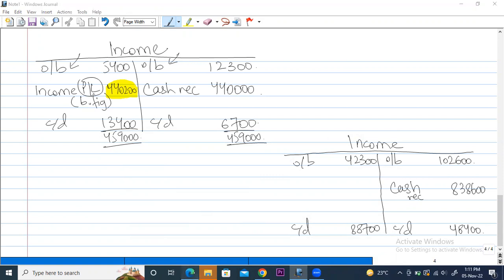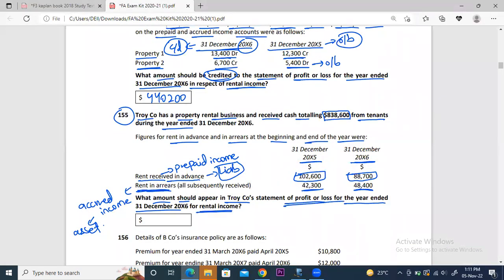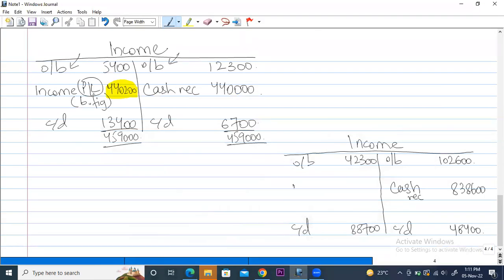Now we just simply have to find what amount should appear as rental income in the profit or loss. So again, the income figure in the P&L is the balancing figure. Let's find this out. First of all, we'll write the totals over here. 838,600 plus 48,400 plus 102,600 is 989,600, so 989,600 on both sides.